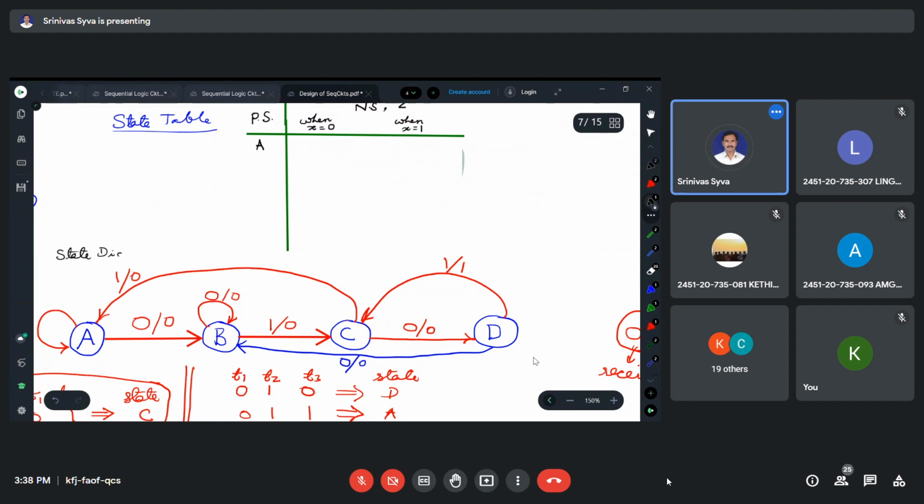This is called the state diagram of our sequence detector. From this state diagram, we want to derive the state table.